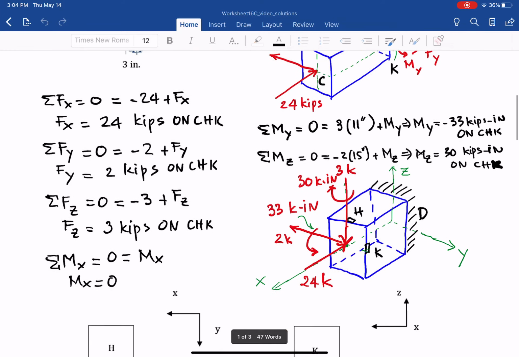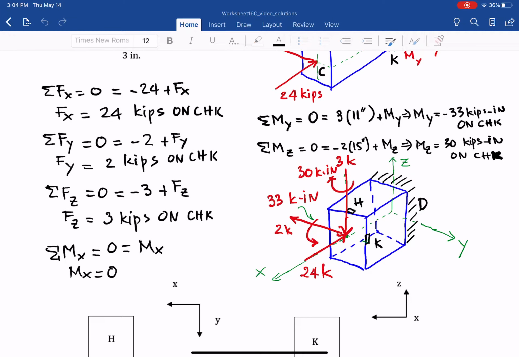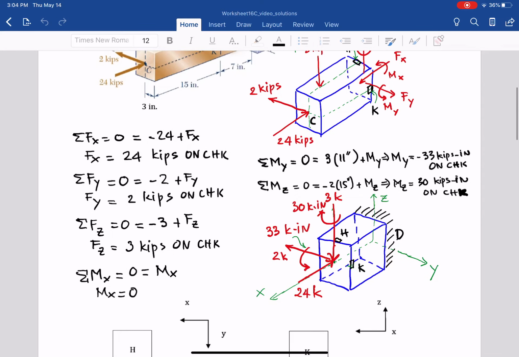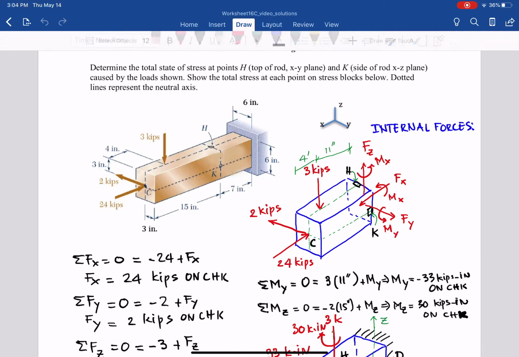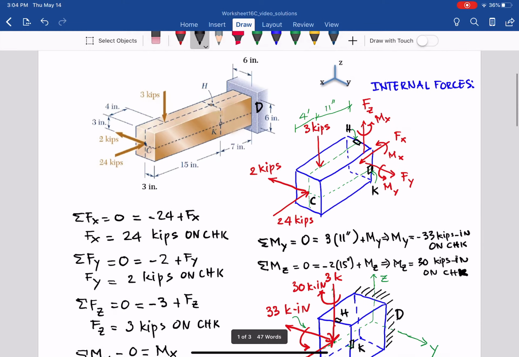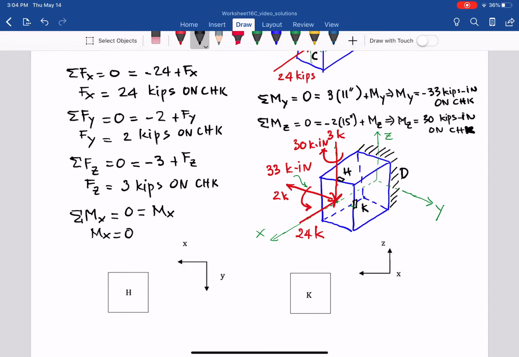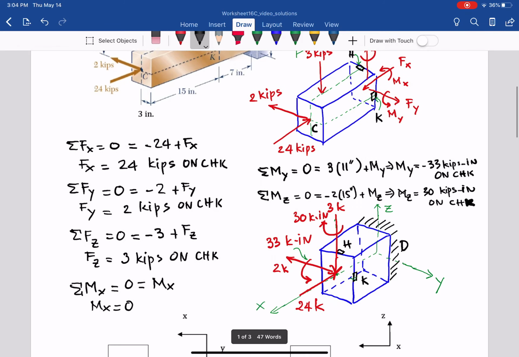Then, similar to worksheet 16B, I can draw it so that it is easy to see the cross section through H and K by considering the segment DHK. By D, I mean I choose the fixed point here, D, at the fixed support, so that is DHK, and I just change the direction of Fx, Fy, Fz, Mx, My, Mz on member CHK to DHK.